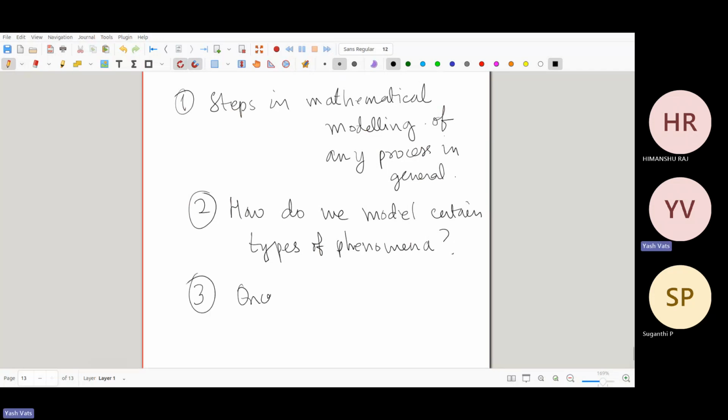Third, once we have a mathematical equation, how we solve it and find exact solutions.